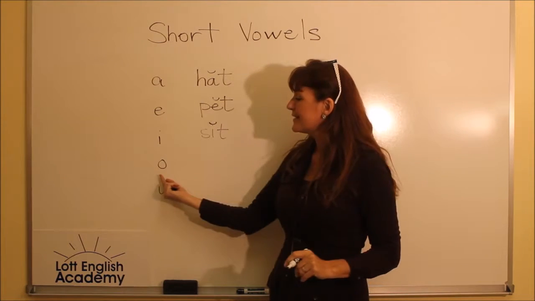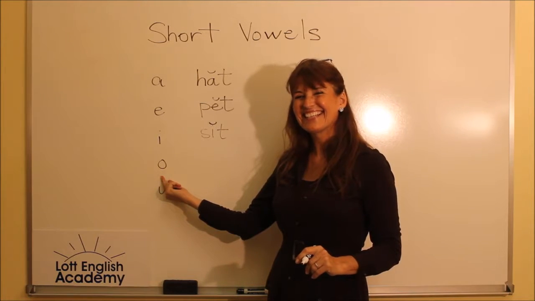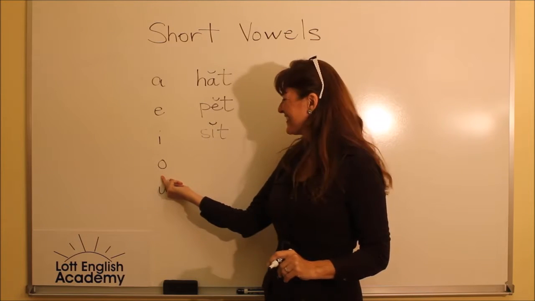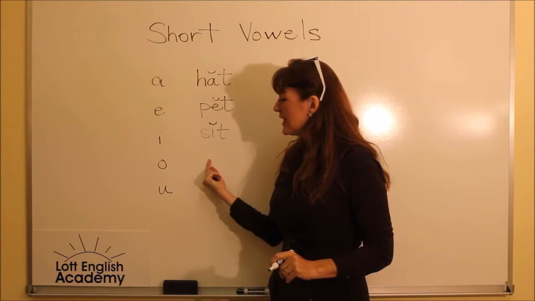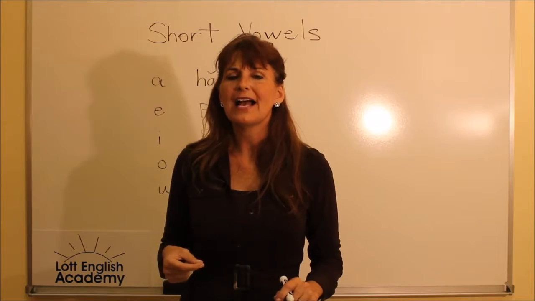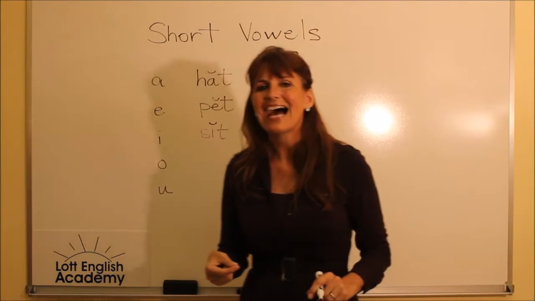We're going to go down to the next letter. I bet you know this one, right? It's O. Did you get it? O. Let's think about a place where we've got a word that has an O that's a short sound. The short O sound is ah.